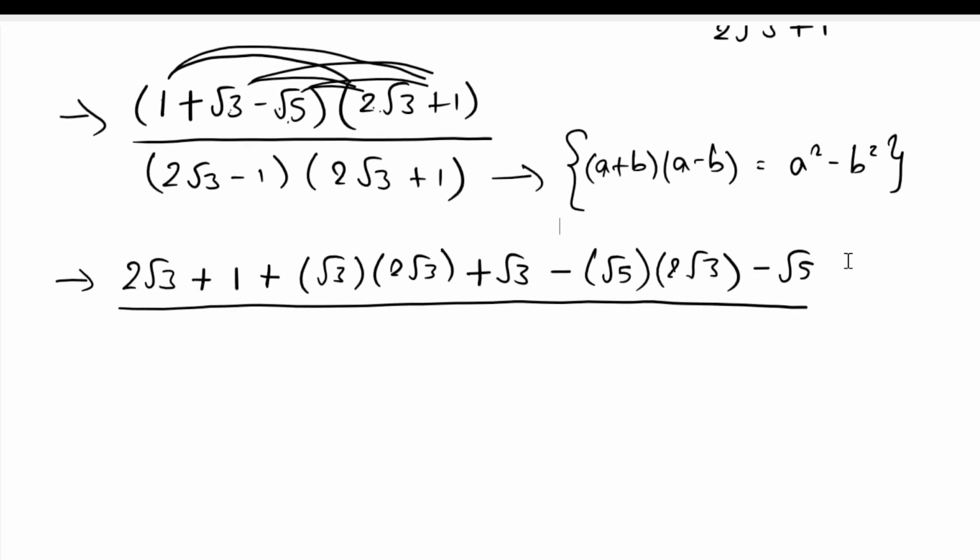So applying the formula, a is 2 root 3, so a square will be 2 root 3 square minus b square is 1.